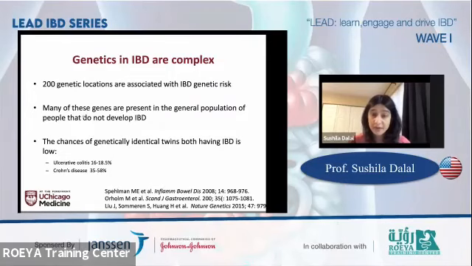Many of these genes, however, are present in the general population of people that never go on to develop IBD, and therefore we can't test for one of these genetic locations and determine whether someone will get Crohn's disease or not. Actually, the chances of genetically identical twins both having IBD is actually low. It's quite low in ulcerative colitis, about 16 to 18.5%. And in Crohn's disease, it's slightly higher, 35 to 58%.